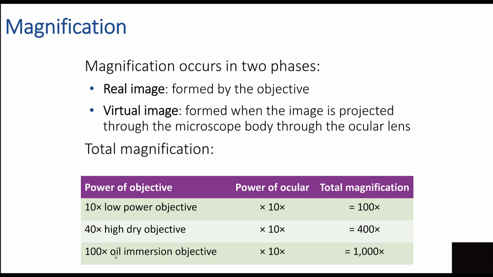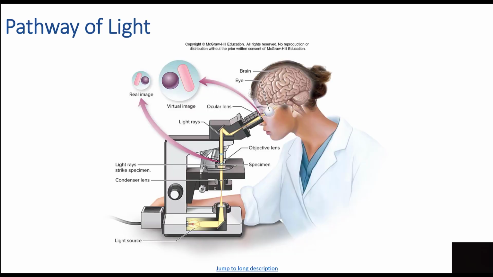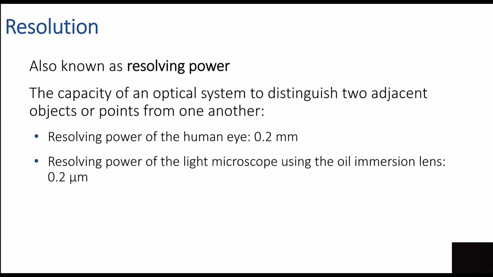If we add the oil to the oil immersion, we get the 1250x, which I'll talk about here in a little bit. So what I mean by the real image, of course, is what's on your slide. Then that is sort of projected through a lens system, and the virtual image actually comes to your eye because it's been magnified by the lens system. So that's what they mean by that sort of arrangement.